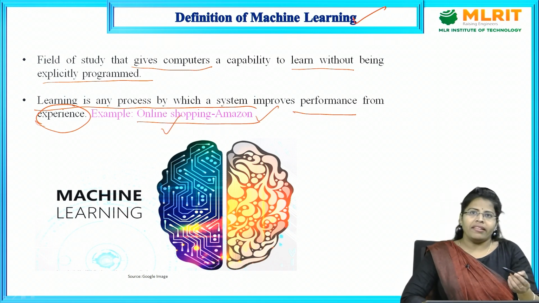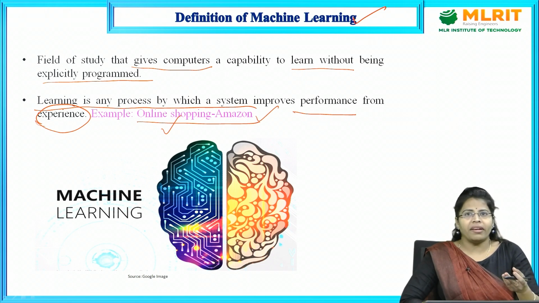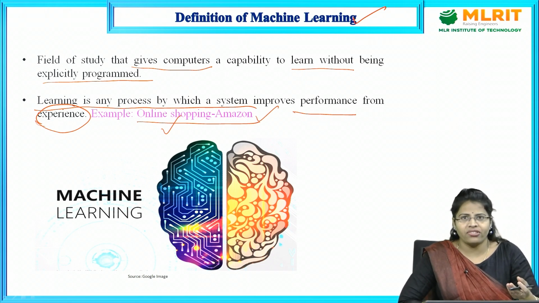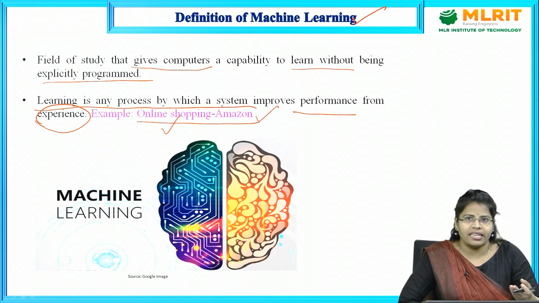Whenever you open the Amazon application on your mobile phone and search for the first time, like you are going to buy some watches, shoes and dresses, some products. And the second time, whenever you open the Amazon application again, you are going to get some products related to your previous data. That means the machine is learning from the previous data.